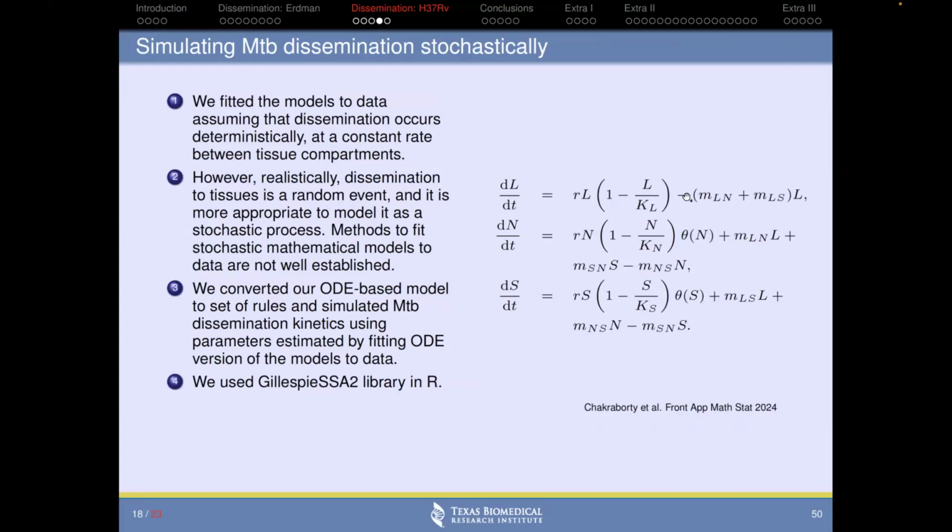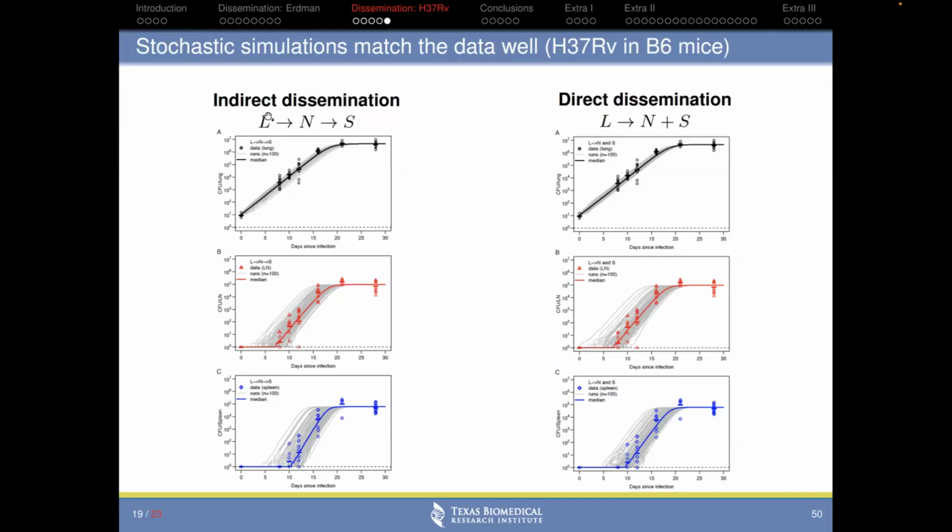To investigate if the estimated parameters are reasonable, I took this mathematical model and the parameters we estimated, and ran the model stochastically using the Gillespie algorithm and the library GillespieSSA2 in R. I asked, if I run it stochastically, starting from 10 bacteria, because that was done experimentally in the lungs, will it describe bacterial dynamics? I tried it for two models, the indirect dissemination model and the direct dissemination model.